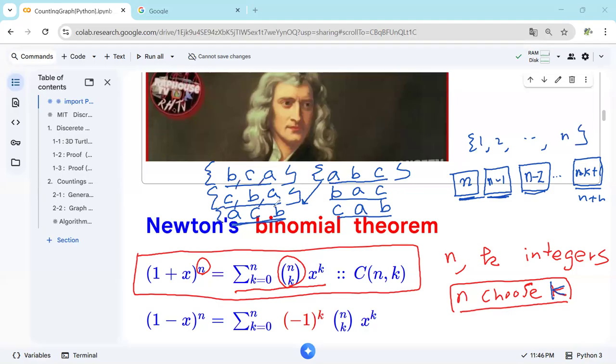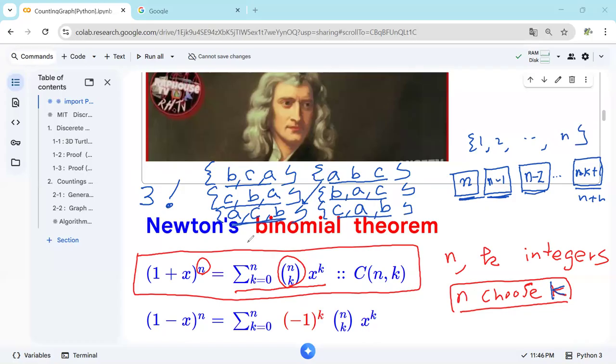If order is not considered, they are the same one. So there are six sets that are all equal, and in fact 3 factorial sets are all one.